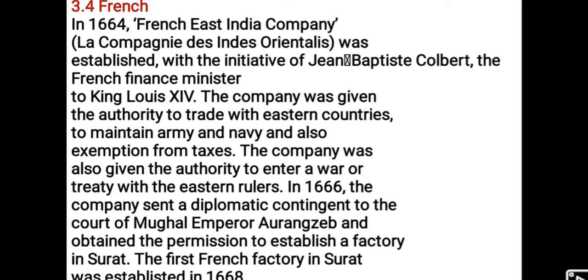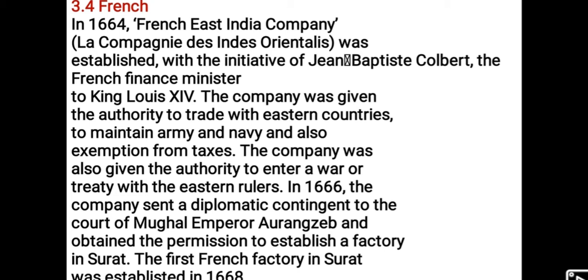3.4 French, or you can say France, people belonging to France. In 1664, the French East India Company, as I already explained, that the Britishers came up with the British East India Company and the Dutch with the United East India Company.